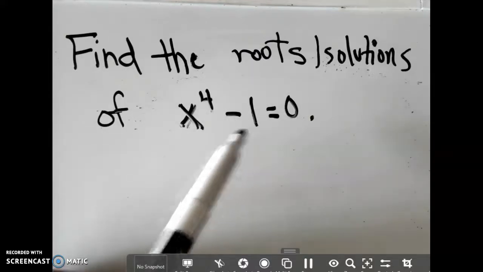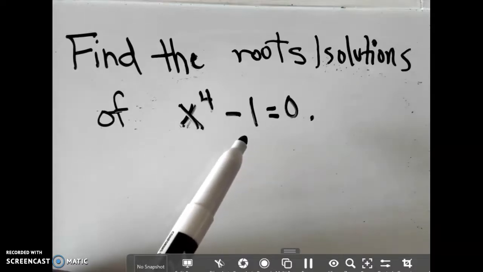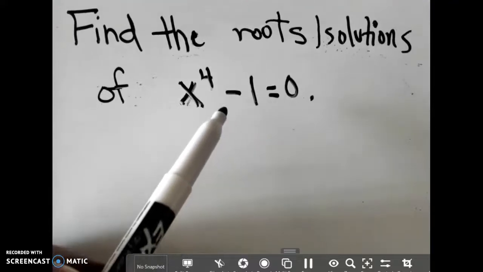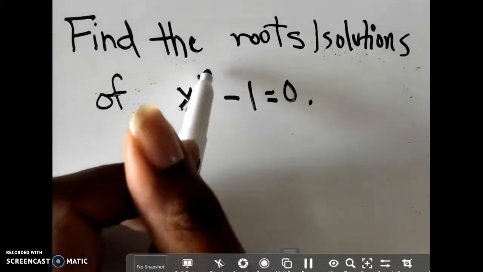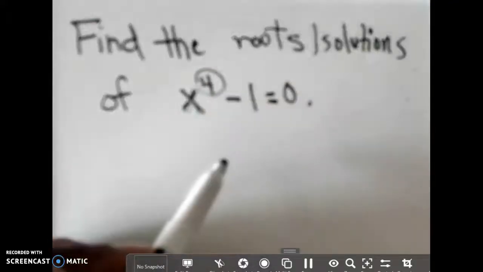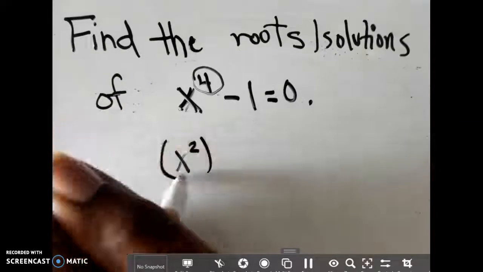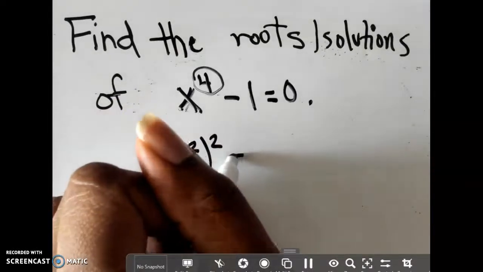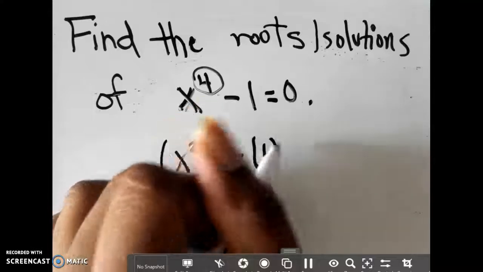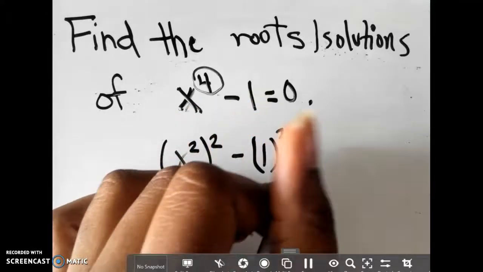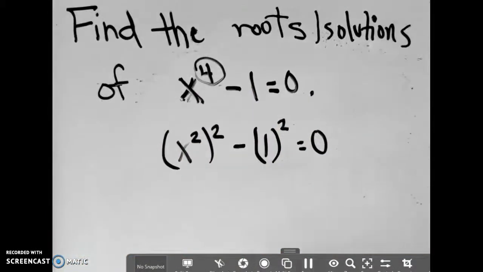So we can't factor out anything from both here, but we can use our formulas for special polynomials. So if we notice this exponent here, we can write this as a square. If we go back to what we learned about exponents and use some knowledge of that here.